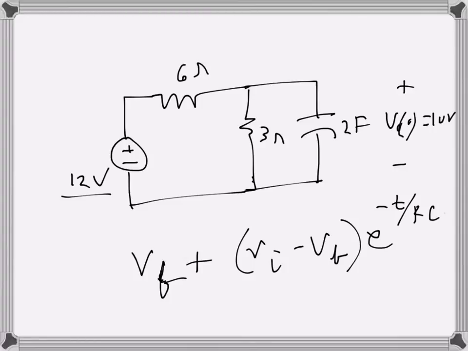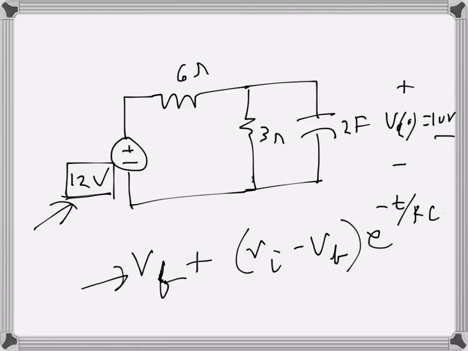So the final value we need to find out. Initial value we know, which is 10 volts. So what is the final value? In order to find the final value, we can use this voltage source, which will decide what the final value is. First the capacitor voltage will discharge, and then it will be charged according to this voltage source.